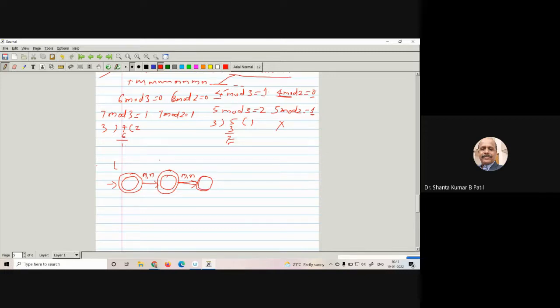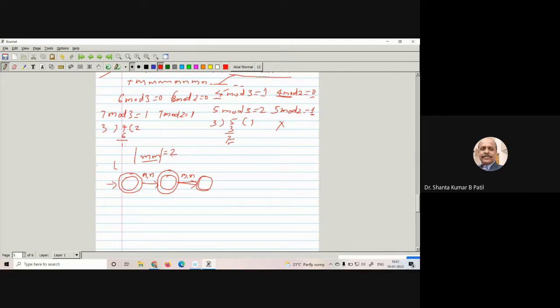For example, from the initial state, MM is not accepting. Two M's are there, its value is 2. And 2 M's mod 3 is equal to 2 M's mod 2? No. In the case of mod 3, the answer is 2.